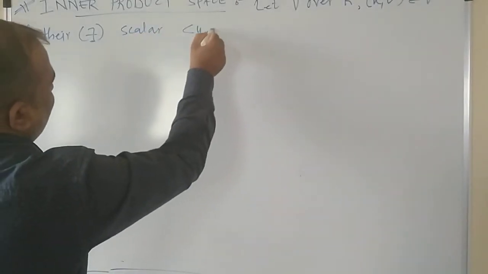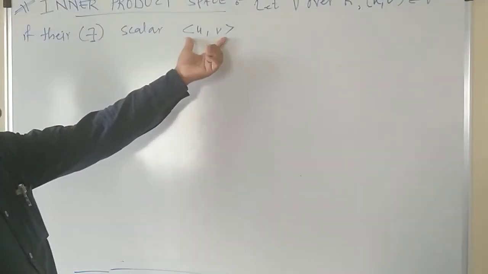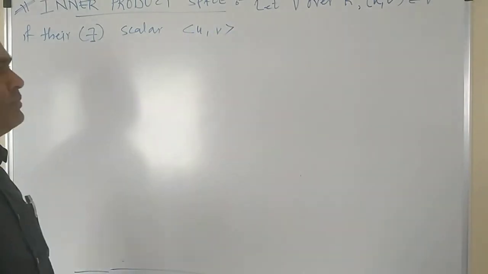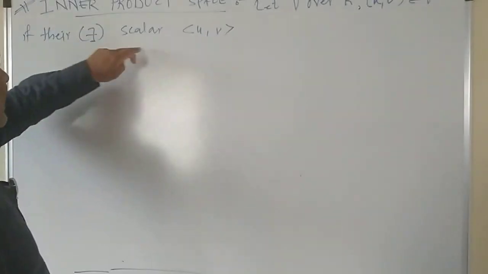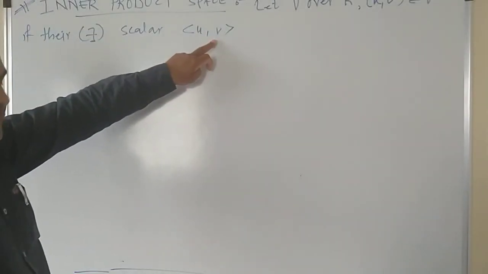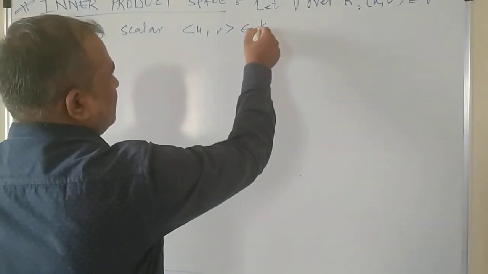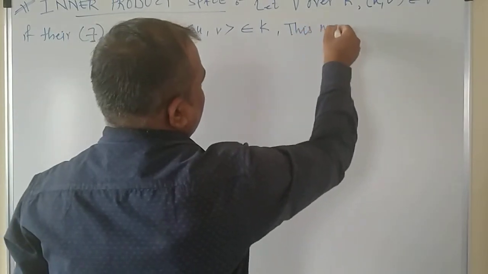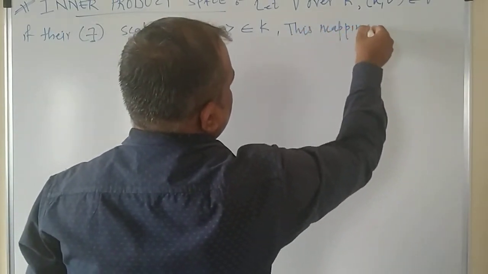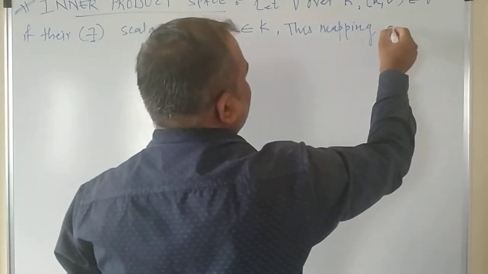called the inner product of u and v, this inner product is always a scalar, and the inner product of two vectors is denoted with this sign. So this is a scalar. That's why I said that if there is a scalar inner product of u, v which belongs to K, then this mapping is called the inner product.